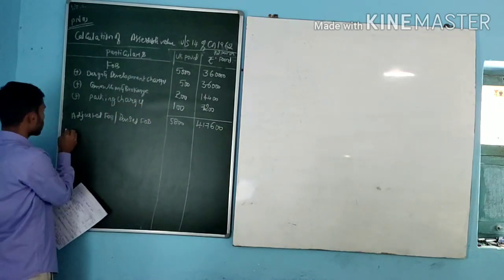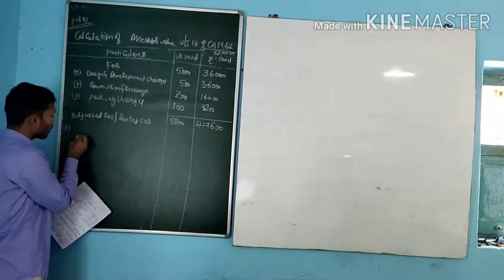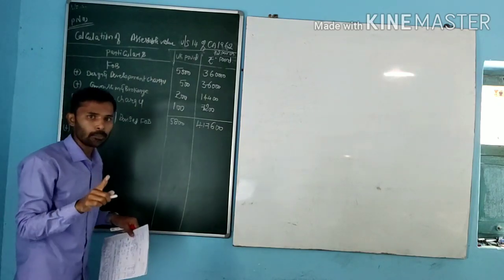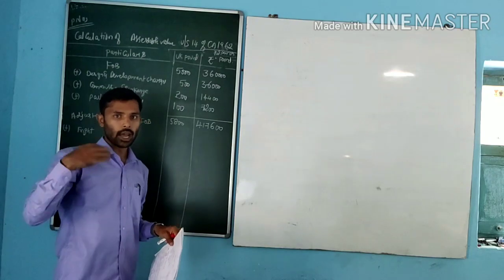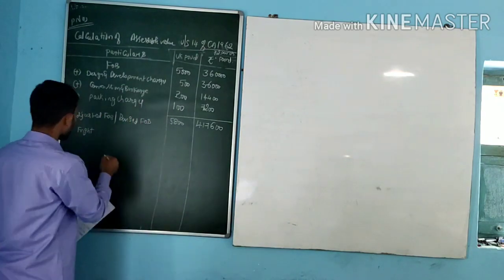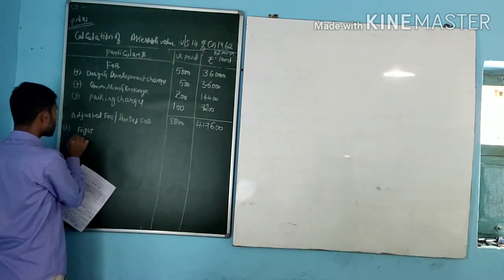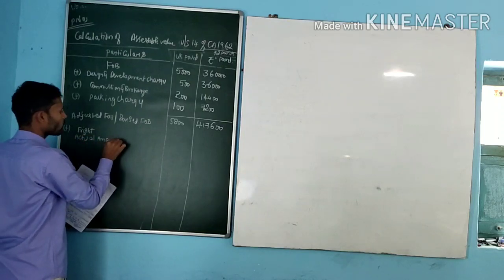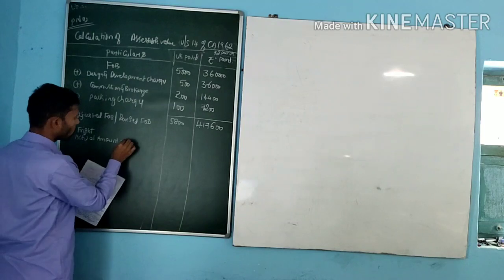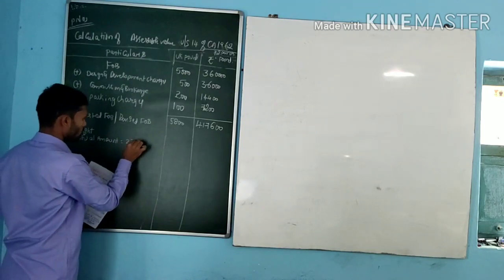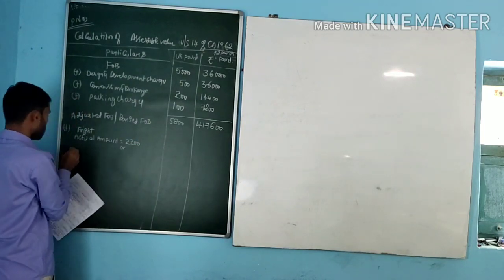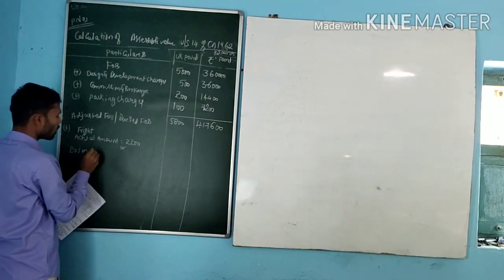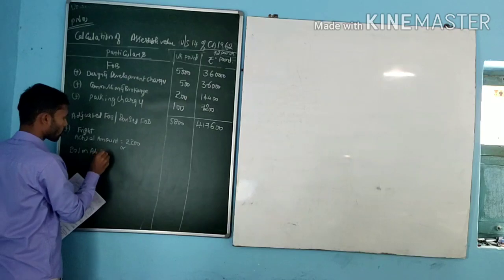Now to this we have to add freight amount. Since the import has taken place through air, the calculation needs to be done. Freight or transport: actual amount given in the problem, that is 2,200, or 20% on adjusted FOB.